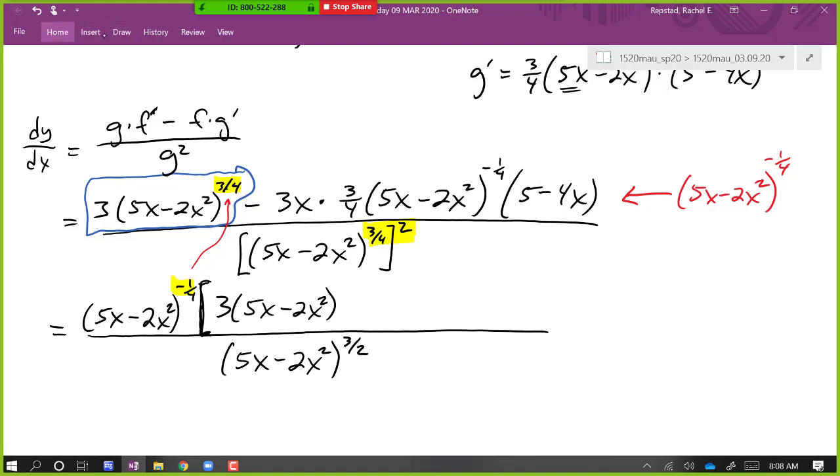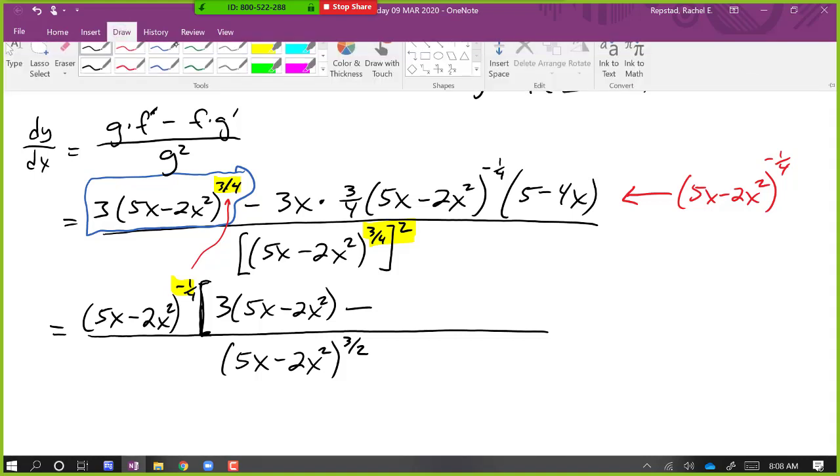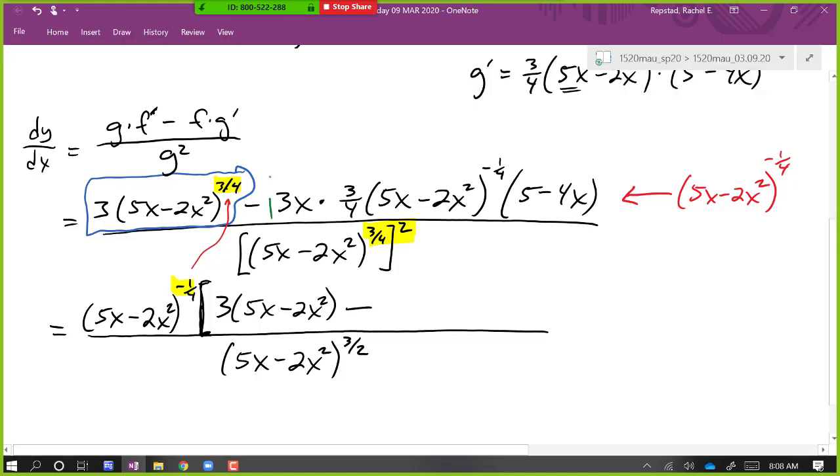Then we bring down the subtraction that we have, and now we'll work on how do we get to this product.